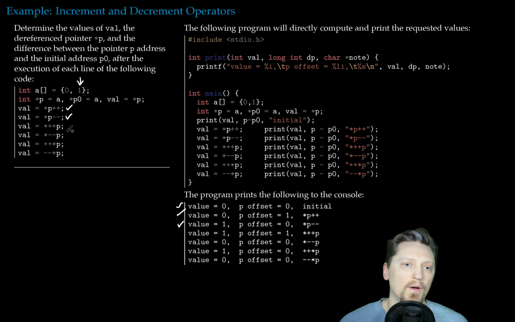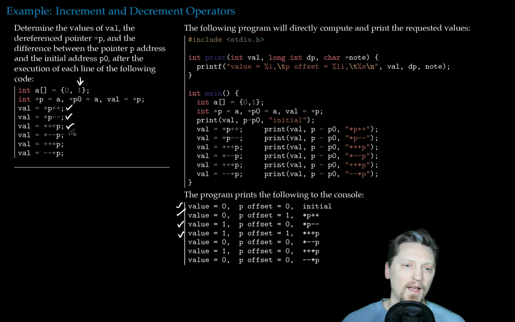And then we're going to dereference. So it should dereference to a value of 1. So val should be 1. And the pointer should also be 1. So value of 1, and the pointer should also have an offset of 1. Okay, great.